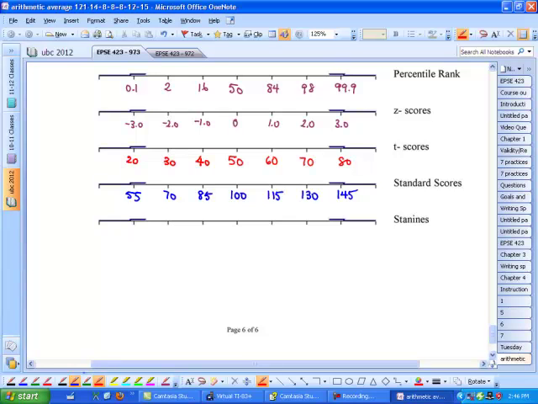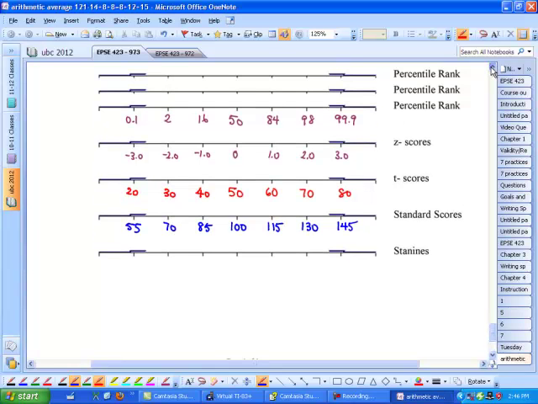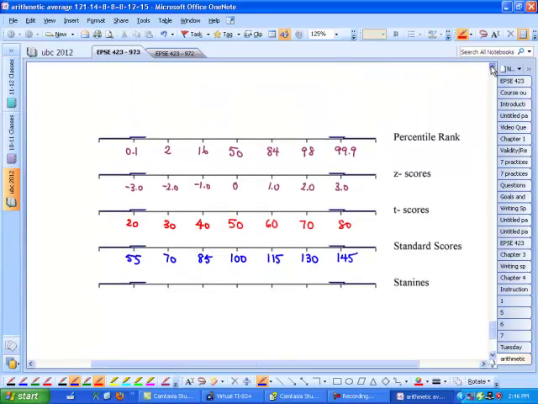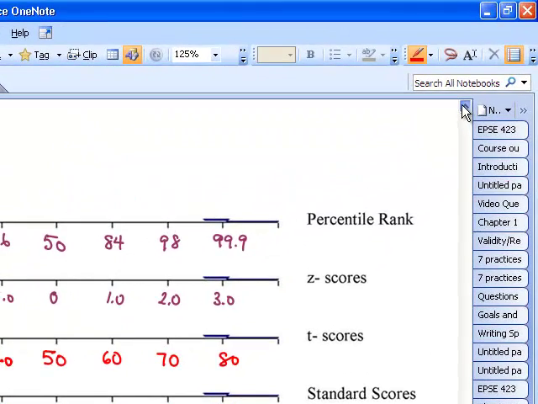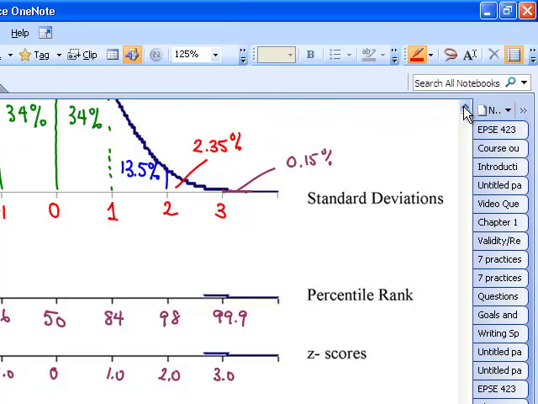The last one is stanines, and if you read in the textbook, stanines give you a value between 1 and 9. Let me just see if I can get back the graph, because I want to see the visual with the stanine. For a stanine, the average score is about a 5.